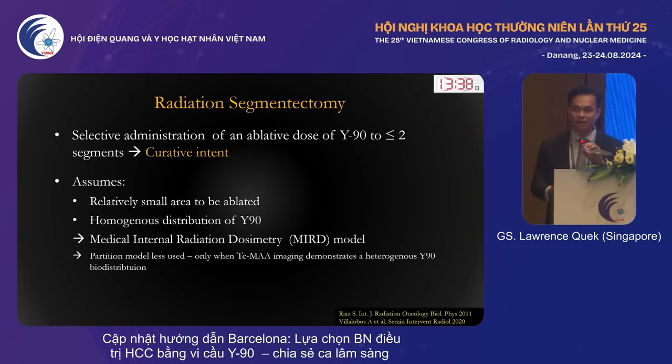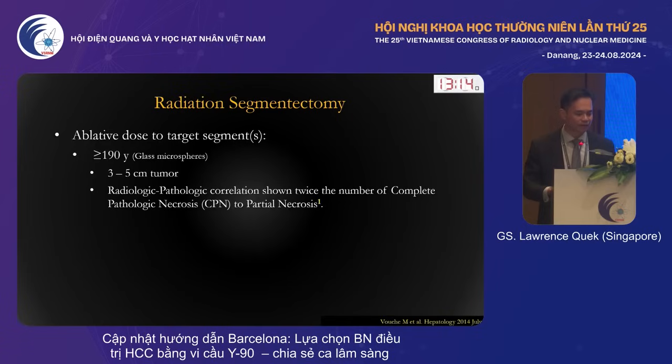And that was a concept that came out in 2011 and subsequently expounded further by many experts and authors. And there's a few assumptions. The model assumes that the area to be ablated in this sense using Y-90 is a very small area, and there is a homogeneous distribution of Y-90, which is not always the case when you implant in the tumor, because the tumor comes in different shapes and forms and have different arterial supplies.